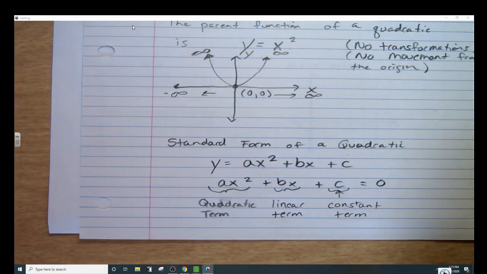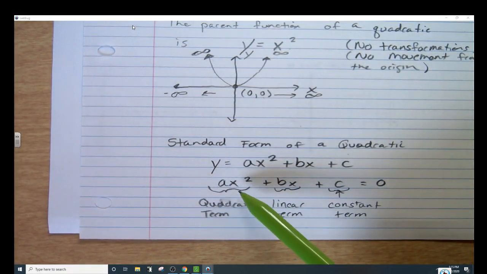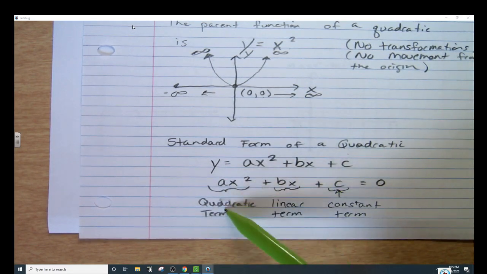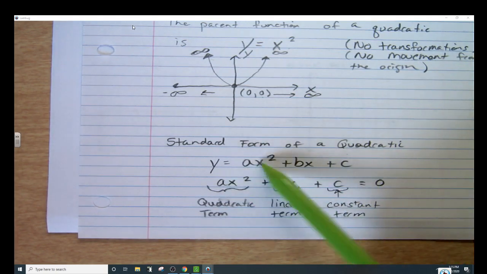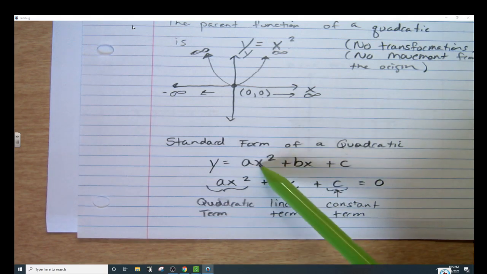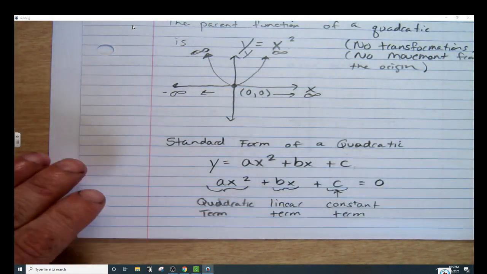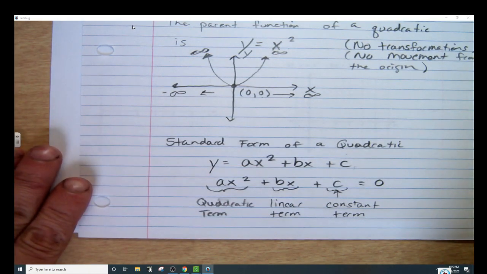Constant or constant term, same thing. Just remember, very important, standard form is ax squared plus bx plus c. Ax squared is the quadratic term, bx is the linear term, c is your constant term. Same thing here, it doesn't matter what it's equal to. Quadratic, linear, constant. So that's that basic stuff there.